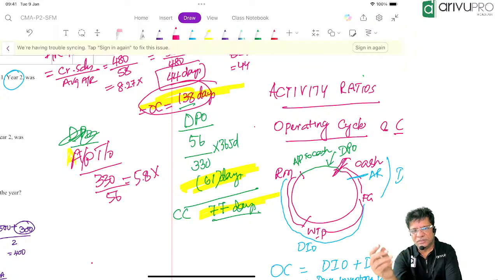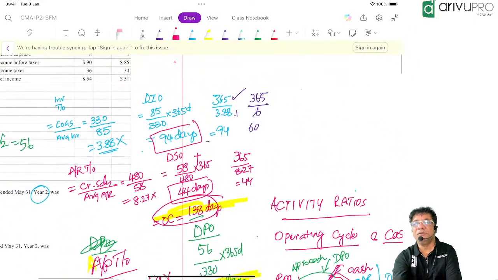Now, write down. Are you all understanding what we wrote? Desirable. Desirable is what? DIO should be less. DSO should be less. So operating cycle should be less. To make that happen, what did we say? Inventory turnover should be faster. AR turnover should be faster.